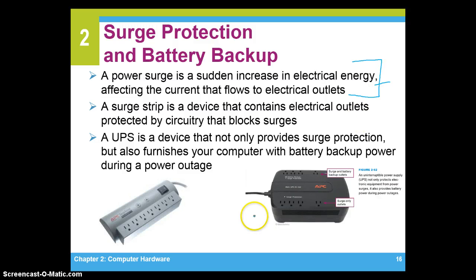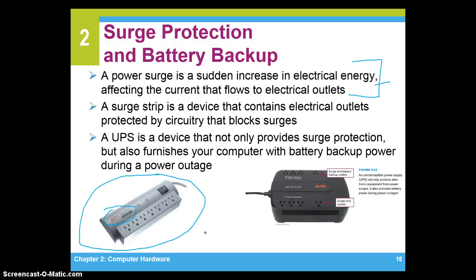So one of the things you want to do is get a surge protector at minimum. APC is a brand I love. This is an exact model that I have at home. Belkin is another good brand. You're going to get what you pay for. So if it's $5, you're going to get about $5 worth of protection.